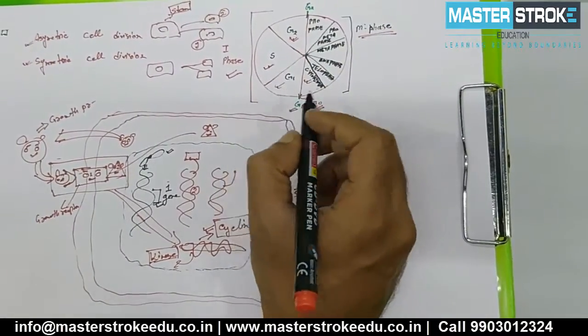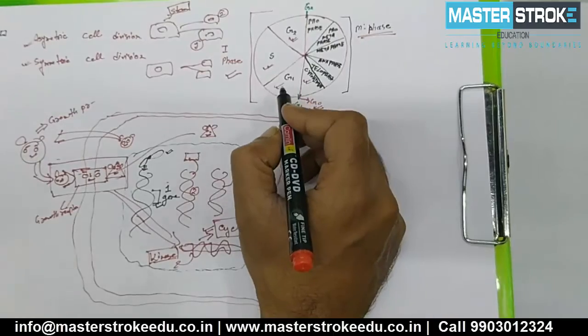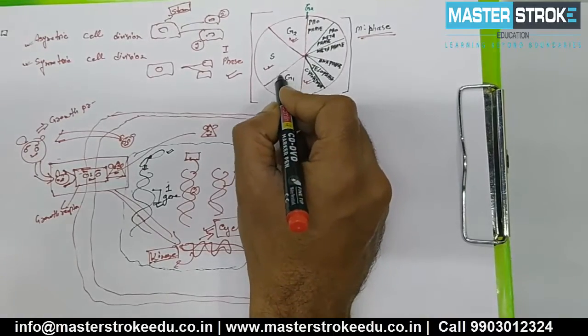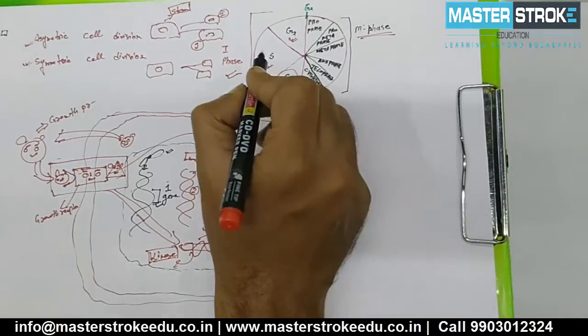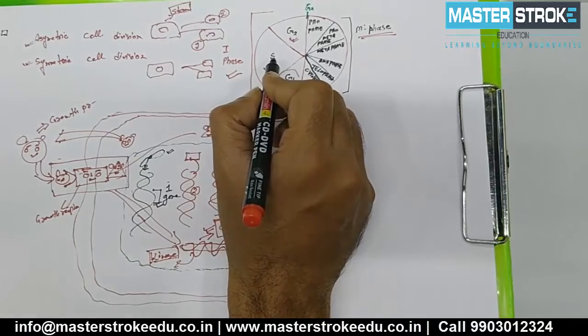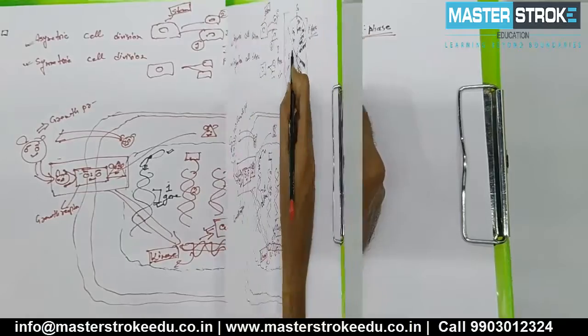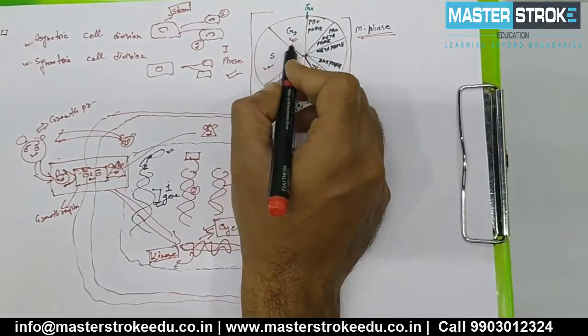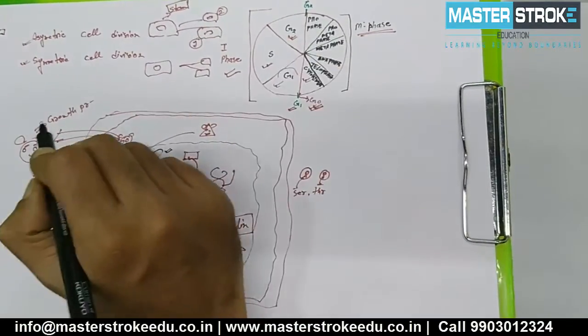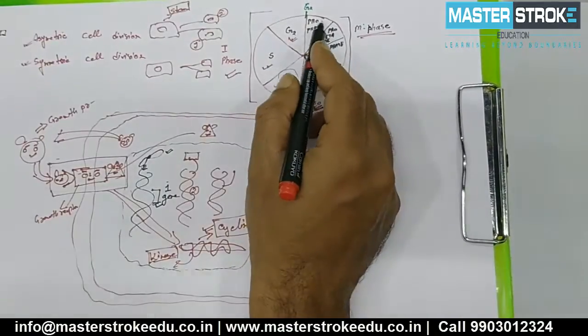Think about it. If A cyclin is responsible for the G1 phase, it becomes inhibited in the S phase. X cyclin rises in the S phase and becomes inhibited in the G2 phase. Y cyclin is responsible for the G2 phase. It becomes inhibited in the prophase.